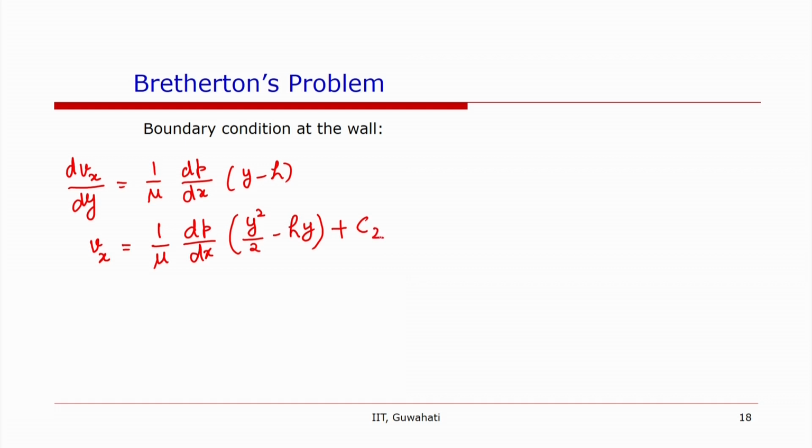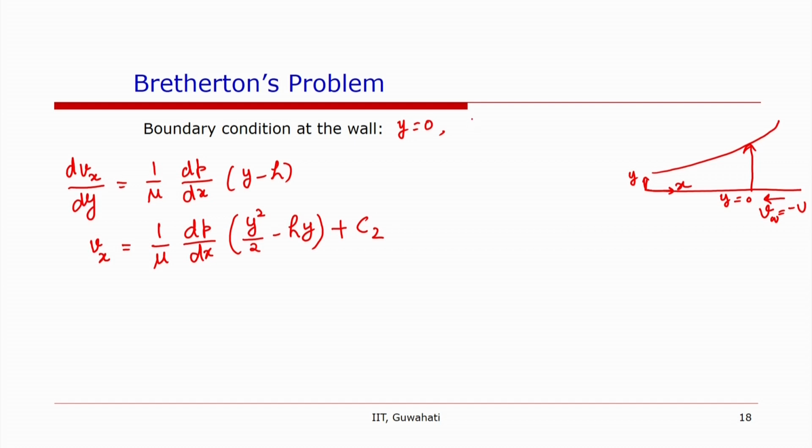For that we can use the boundary condition at the wall. If we again draw the problem, at y is equal to 0, and it is in the bubble frame of reference, so we will have the wall moving with Vw equal to minus u.